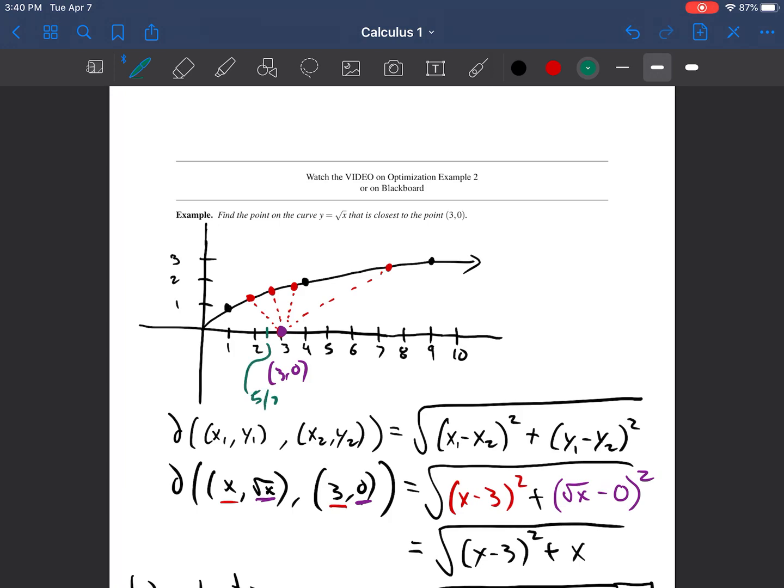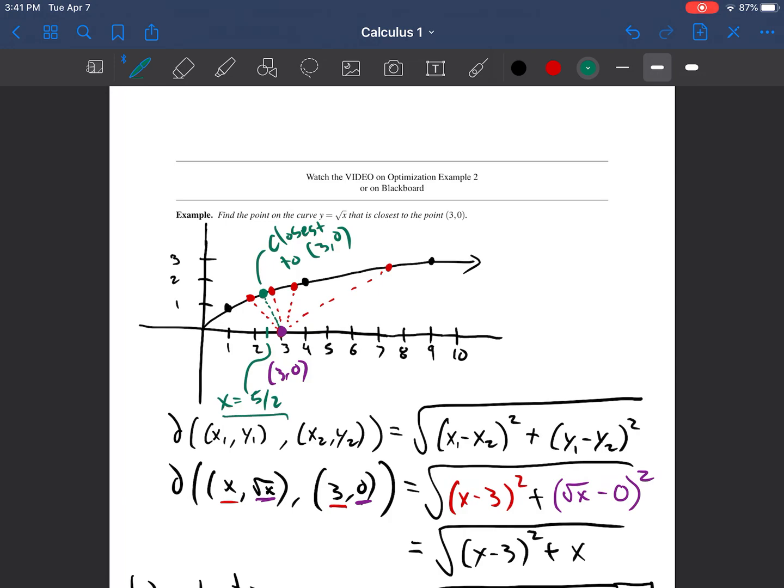And if we trace that up to here, that's a point right here. And if we look at the distance from that point to this purple point, that is the smallest distance. So this is the closest to the point 3, 0.